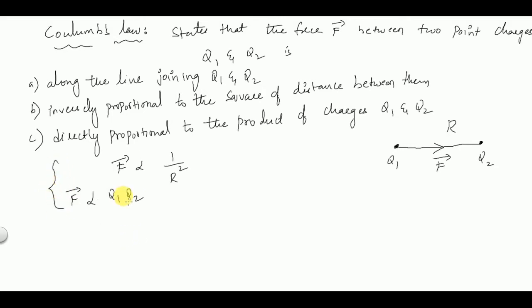So combining these two statements, because force is directly proportional to Q1 Q2 and inversely proportional to R square, we can write F is proportional to Q1 Q2 by R square.